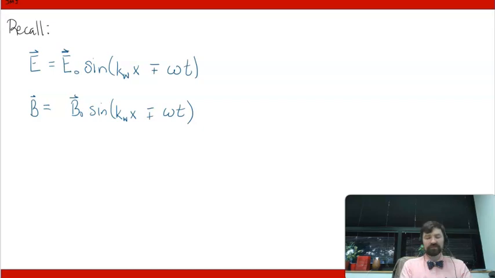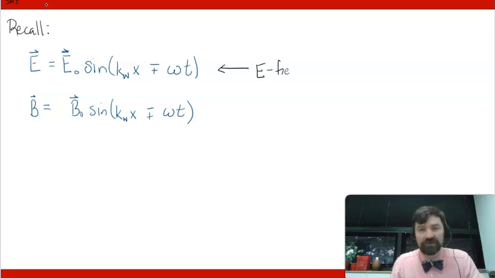And then in a future class, we'll be adding a little bit more detail to them. So basically, this first equation describes the E field. The second equation describes the B field of our electromagnetic wave.